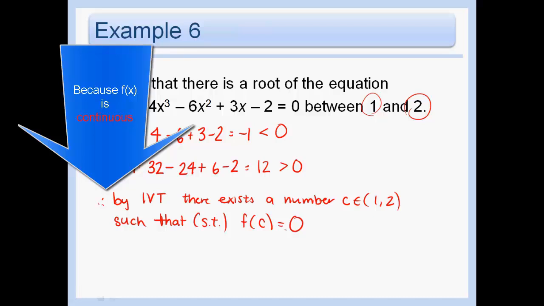So what am I saying? I'm saying, well, basically, and I'm not going to draw an accurate function here at all, but since f of 1 is negative, it's below, and f of 2 is positive, well then there must be some value between 1 and 2, okay, that's what that's saying, that hits the axis.